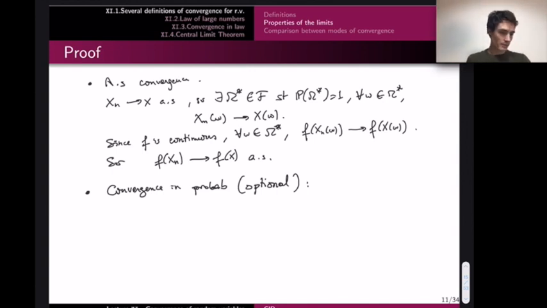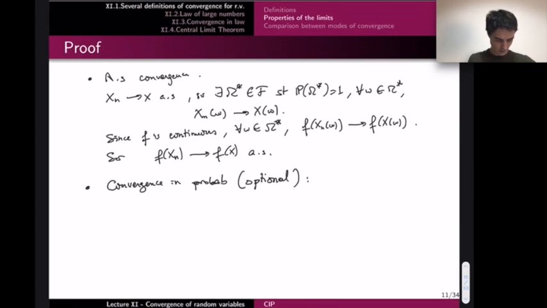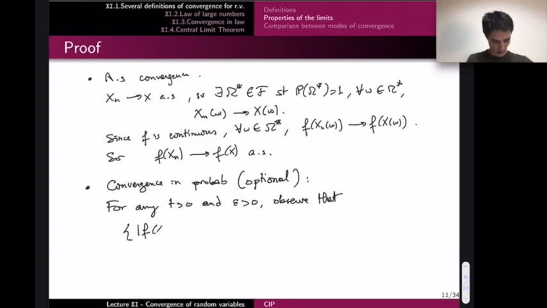Okay, so I will observe some things. For any t and epsilon positive, I will make a set theoretic observation about the event that the absolute value of f of xn minus f of x is greater than epsilon.